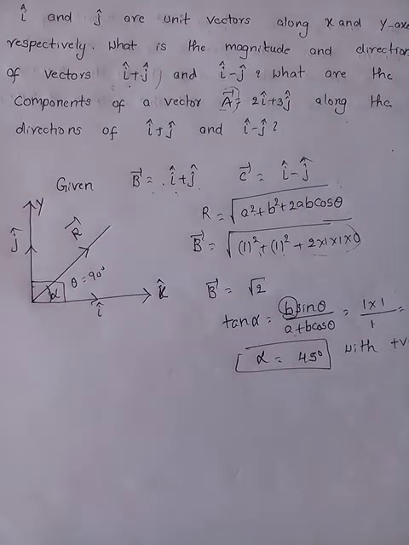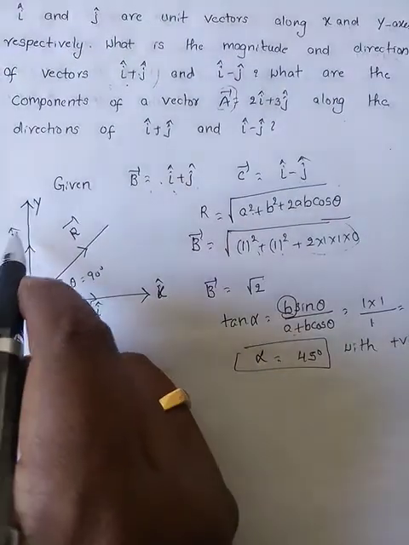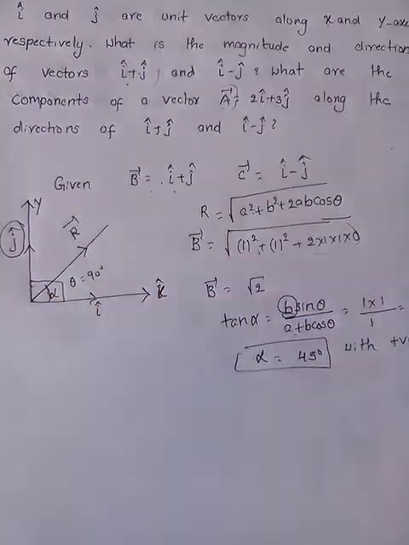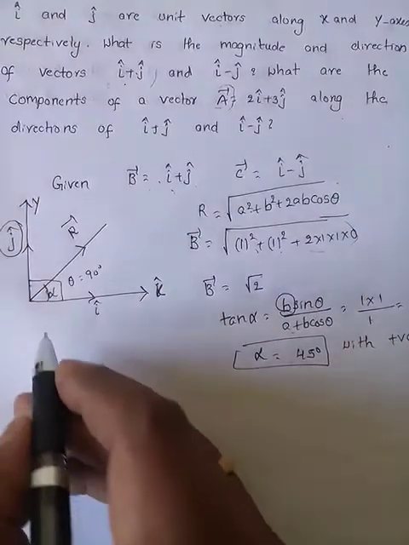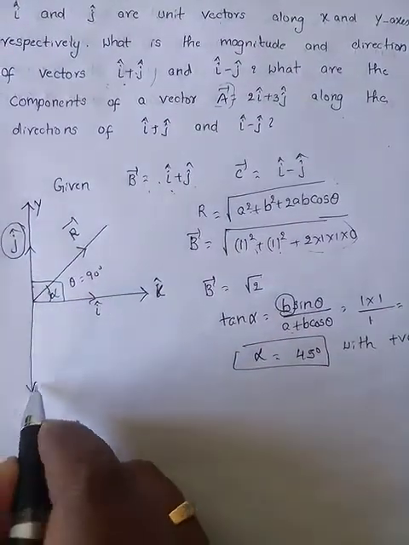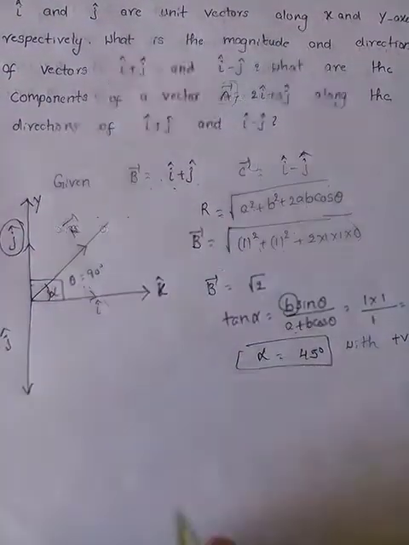Let us see what about i cap minus j cap. What happens now? j cap is positive. What is a negative vector? A vector which has same magnitude but in opposite direction. So this becomes minus j cap.